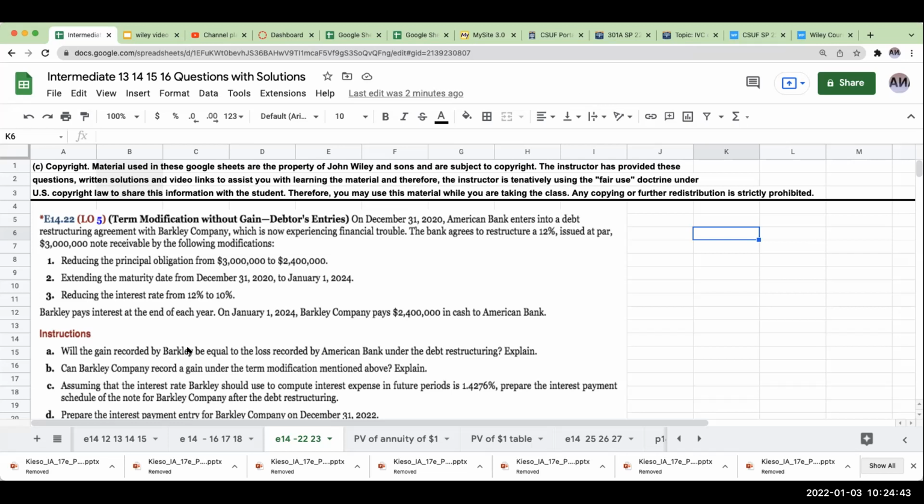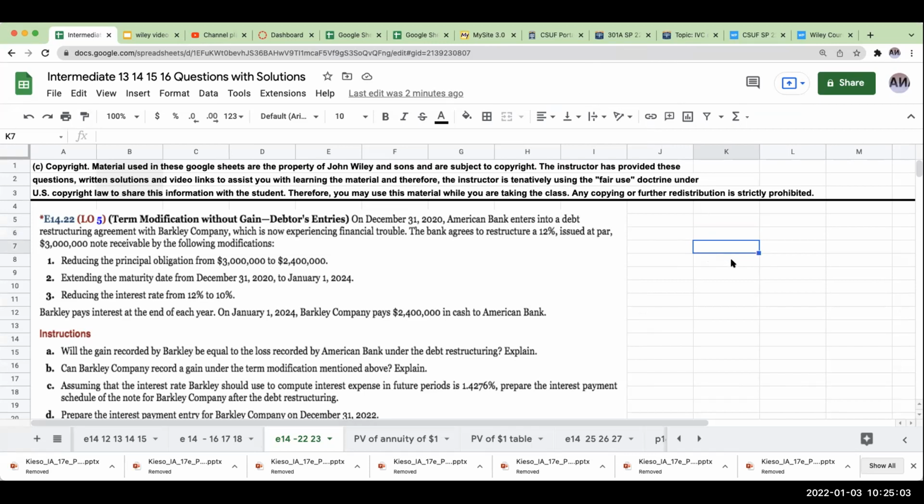Can Barclays Company record a gain under the term modification mentioned above? If we did have a gain, which is not the case here, there would be an other gain or loss on debt restructuring, but let's see how we compute it.